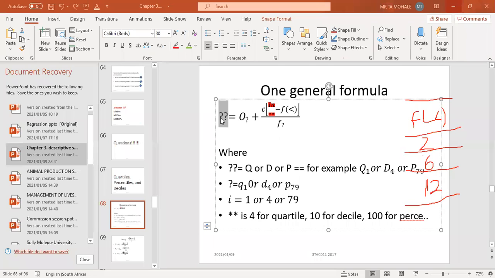So what's the question again? The question marks. We are calculating D4. Meaning we will have D4, right? And then equals O D4 again, plus C into 4N over 10.